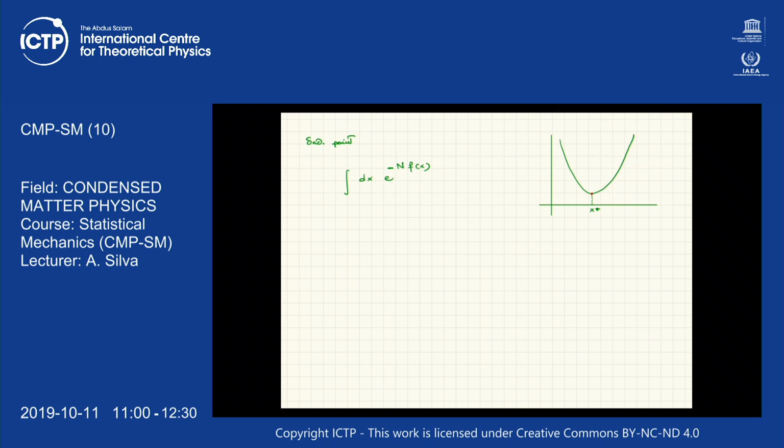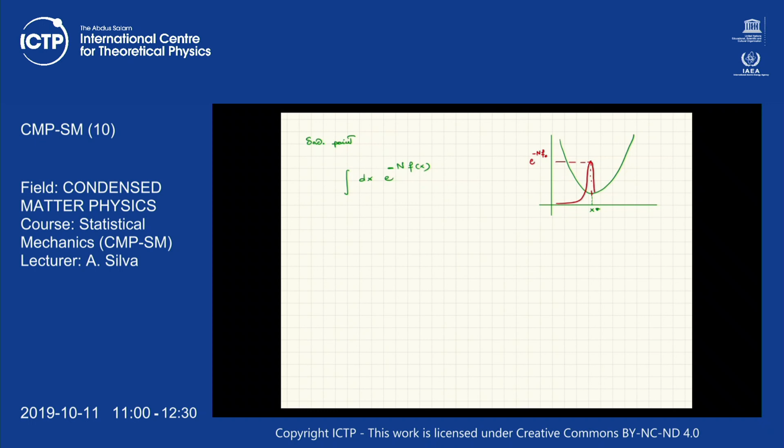Here it's going to have the value e to the minus n f of x star, f star. But the moment you deviate from it, this guy grows, and if it grows, it means that the exponential drops. But it drops exponentially fast. It doesn't drop as a power law. Which means that this function is going to look like this.